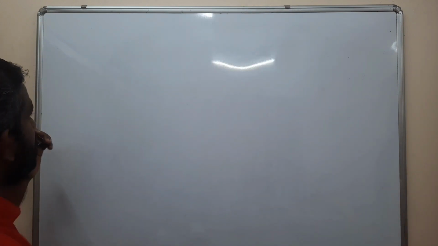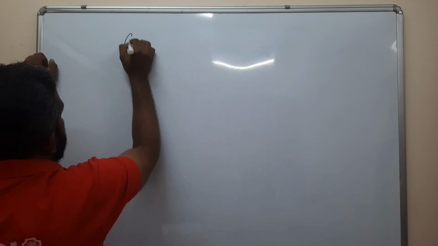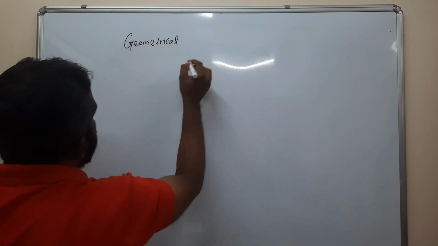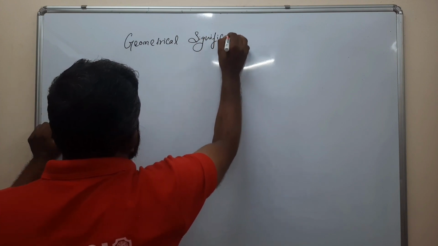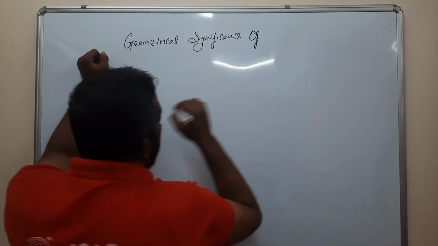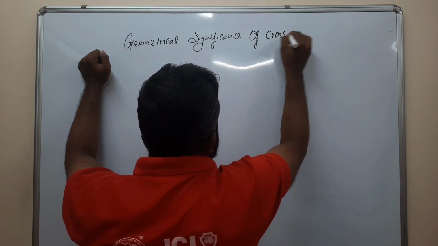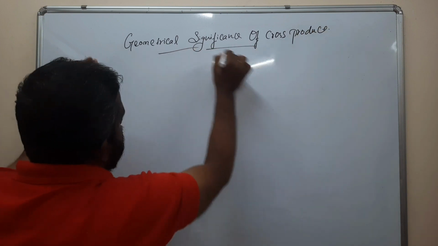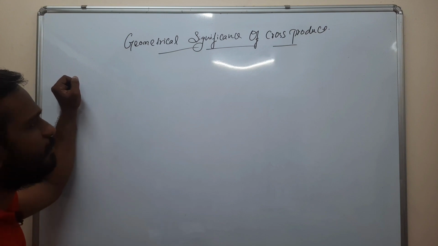So what is the geometrical significance of the cross product? Consider two vectors A and B, which are taken as the two adjacent sides of a parallelogram.